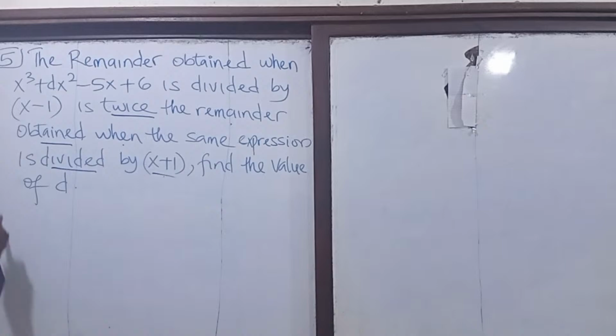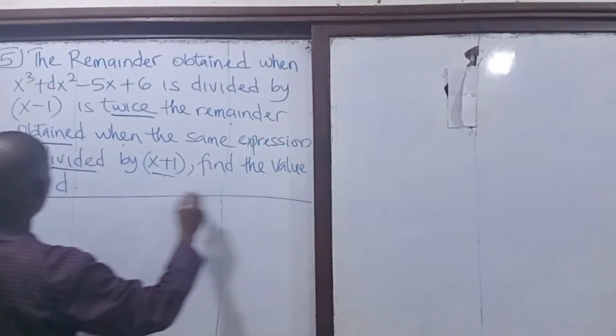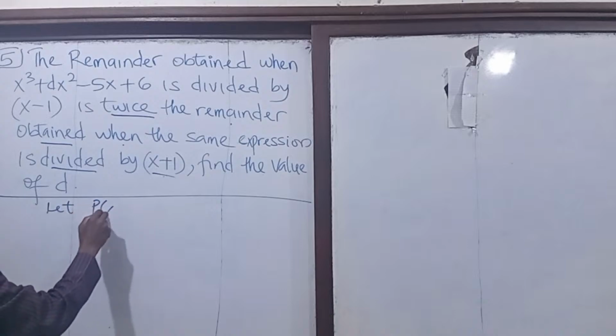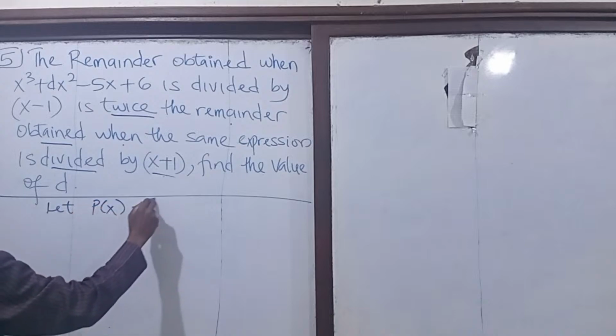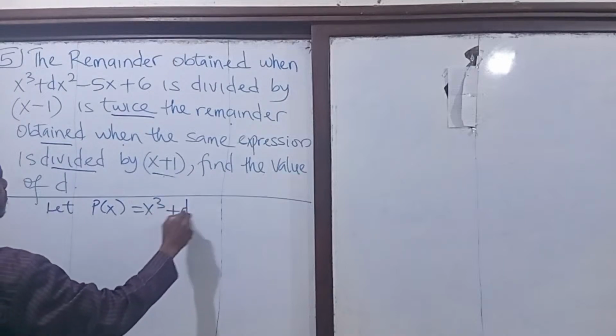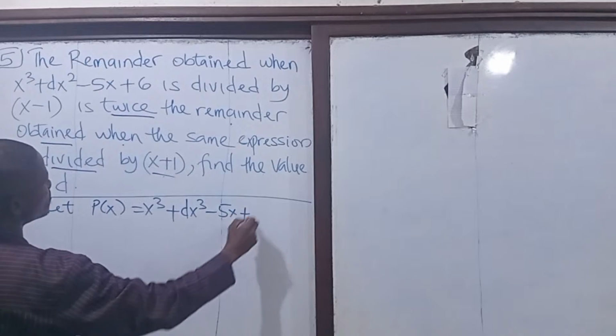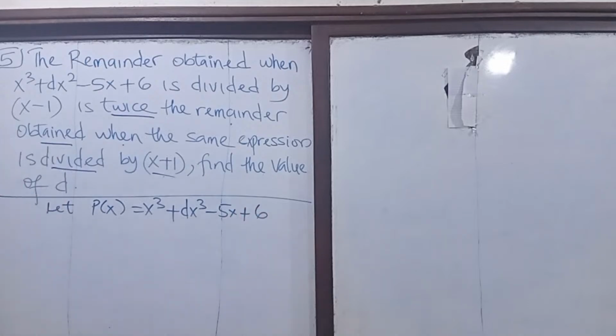So what we're going to do first is to let the polynomial, let's call it p of x. Okay, so that's the polynomial.